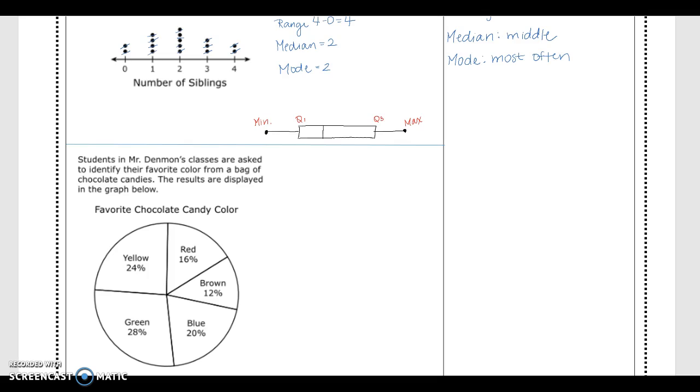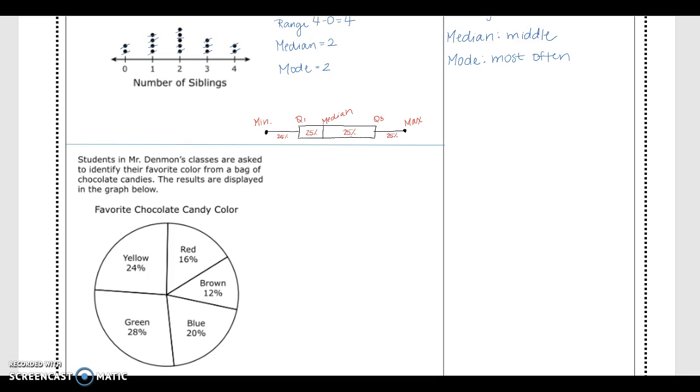And the reason we call them quartiles is because each section has 25% of the data. Okay. And then here in the middle is again the median. All right.